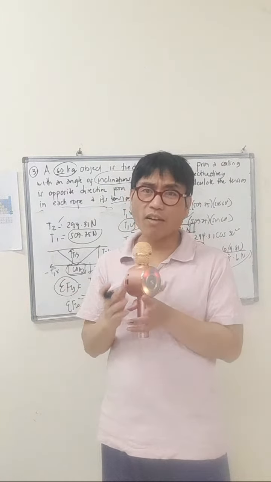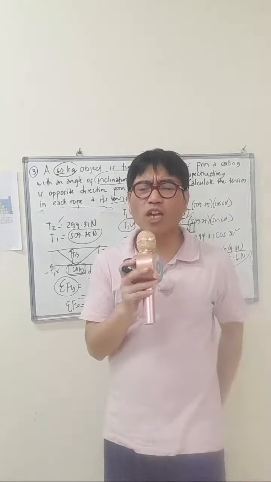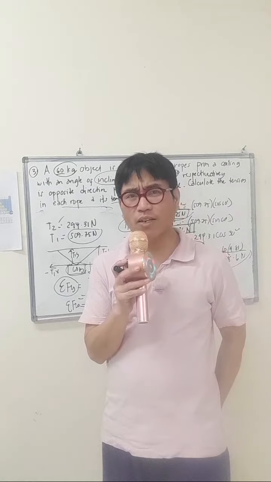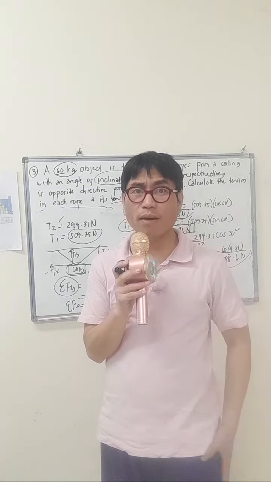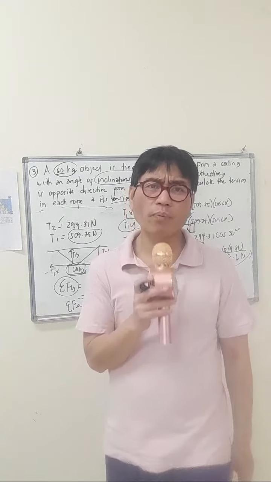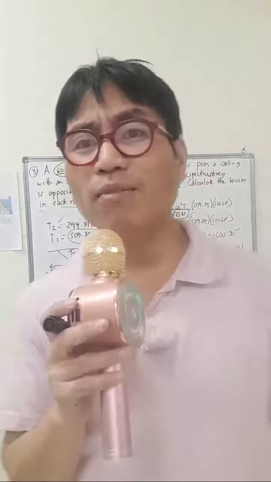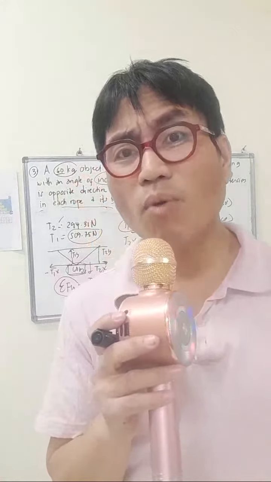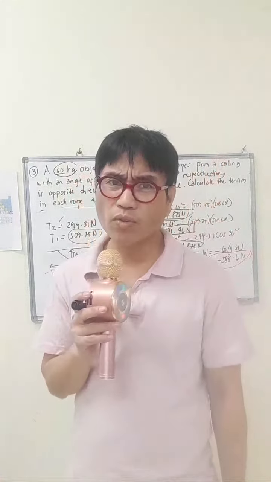Okay, the body or object at rest will remain at rest unless acted on by a net force. This is the first law. The second law, okay, an object in motion will remain in motion unless acted on by a net force.